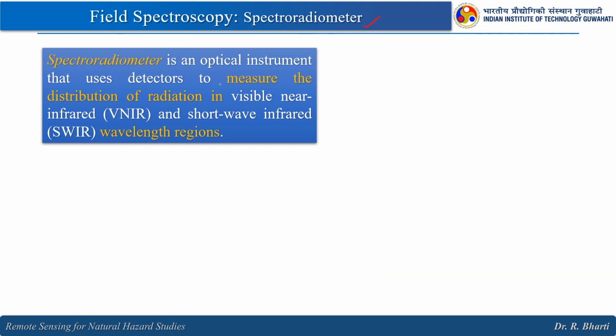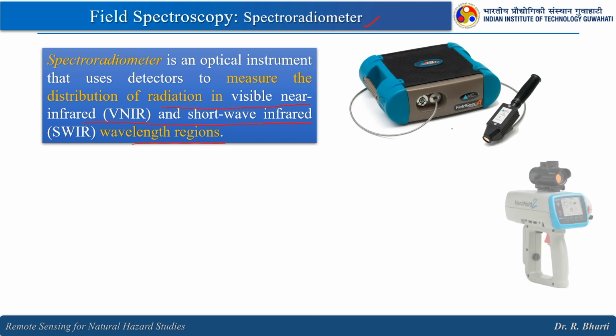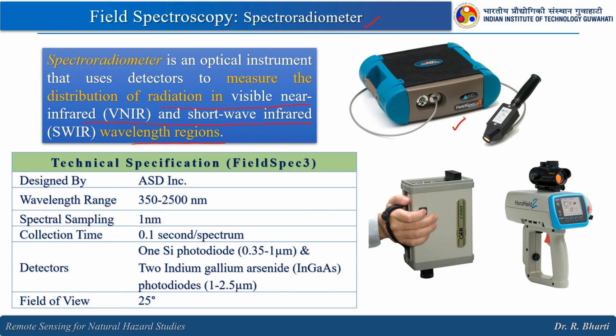So, spectroradiometer is an optical instrument that uses detector to measure the distribution of radiation in visible, near infrared and shortwave infrared wavelength regions, right. So, if you see, this is one type of spectroradiometer, this is another type of spectroradiometer, this is another type of spectroradiometer.